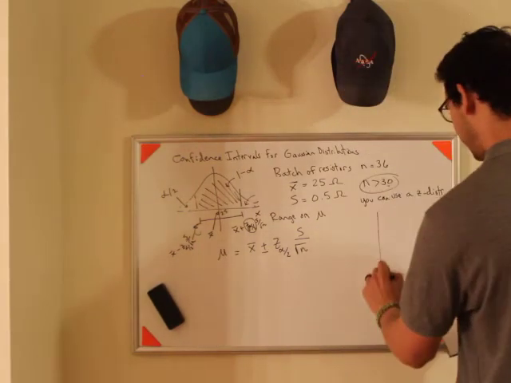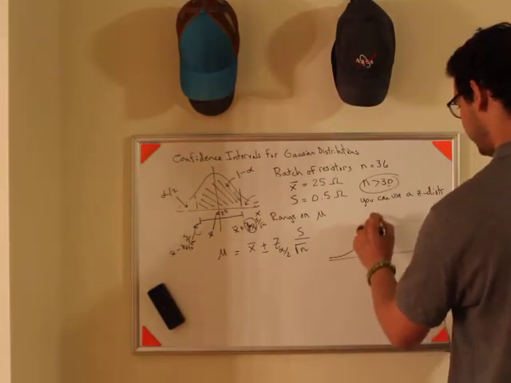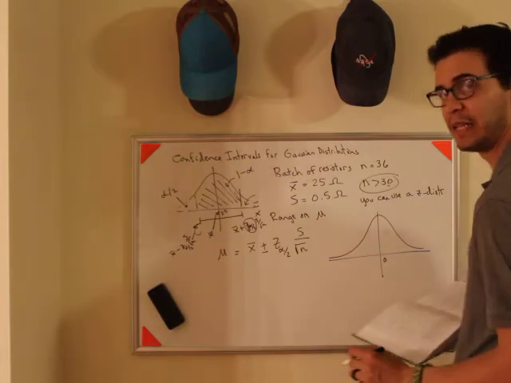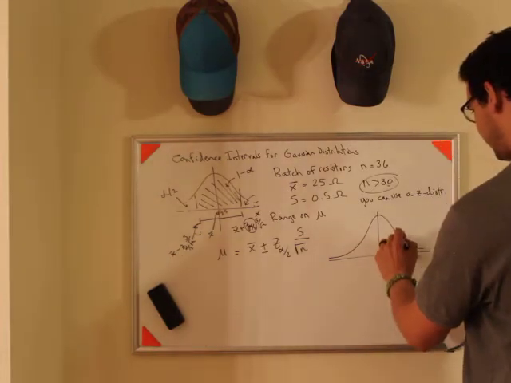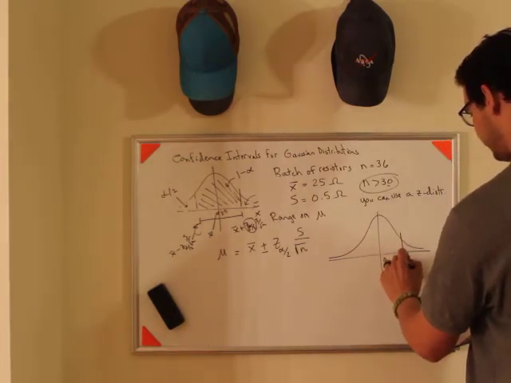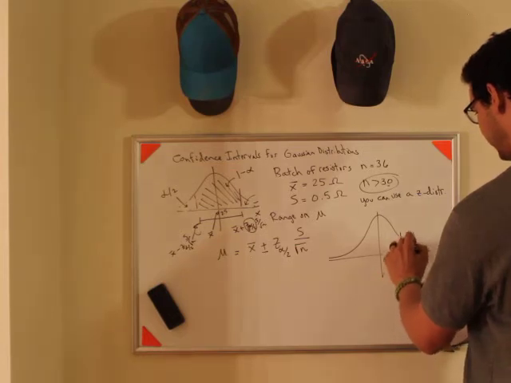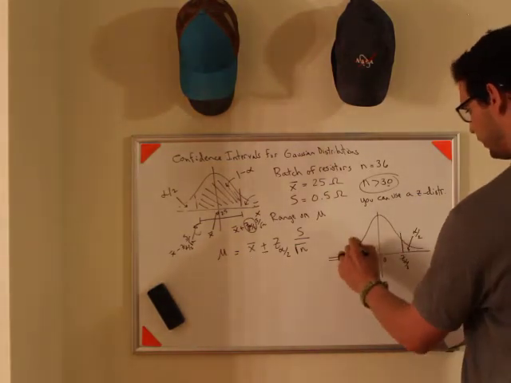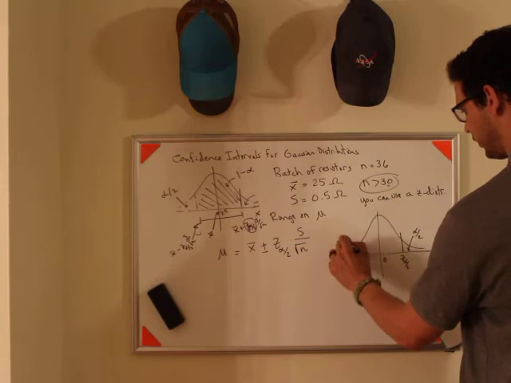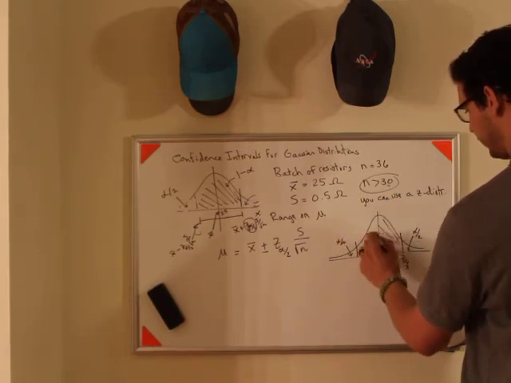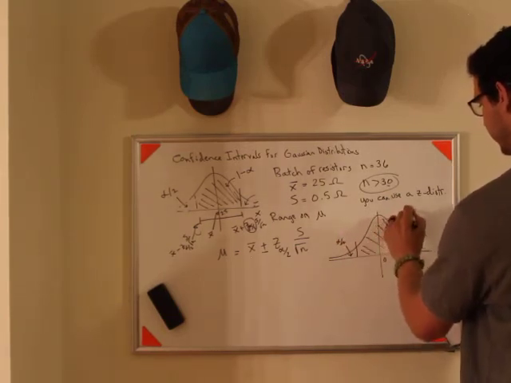If you plot the z distribution with a mean of 0, I want to find this number here, where this is alpha over 2, this is alpha over 2, and this in here is 1 minus alpha.